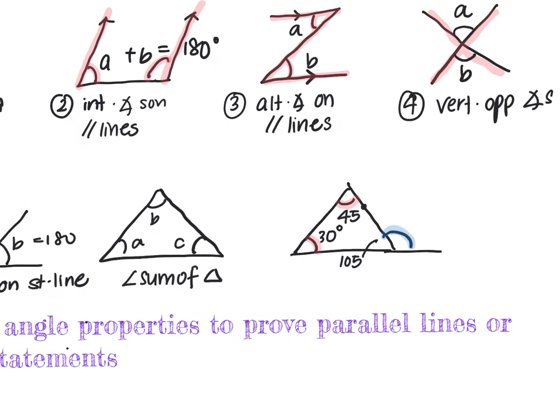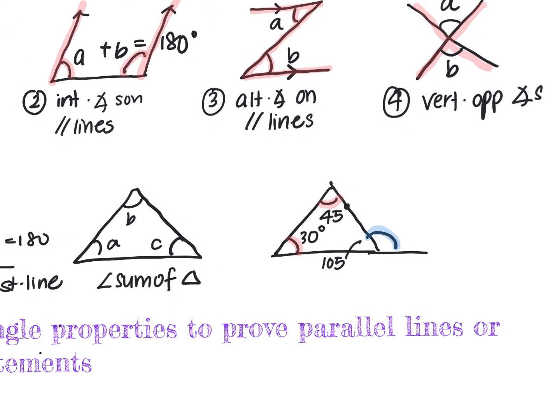After which they are going to use 180 minus 105 to get the angle 75 degrees. But from here you can notice the angle 75 degrees is actually equal to the exterior angle, which is equal to the sum of the two interior opposite angles. So this 75 is actually equal to 30 plus 45.